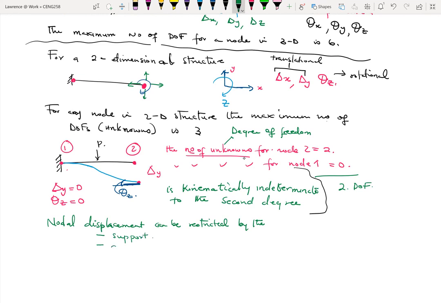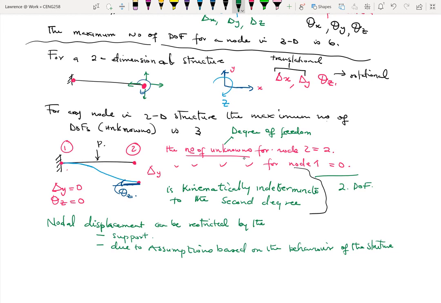And then also due to assumptions based on the behavior of the structure. At least we've seen how the support can restrict or constrain the nodal displacements.